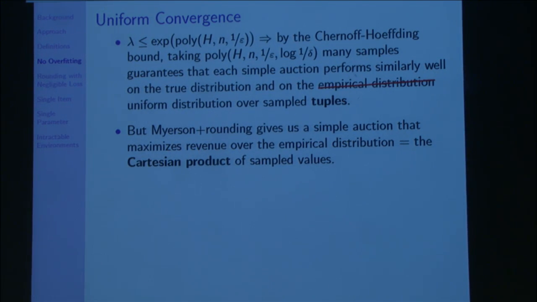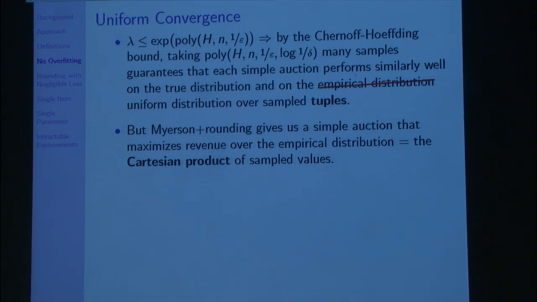But Meyerson's algorithm doesn't help me to maximize the expectation over the tuples that I sampled. Meyerson's algorithm can only help me maximize my expectation over the Cartesian product of the samples from each of the distributions.